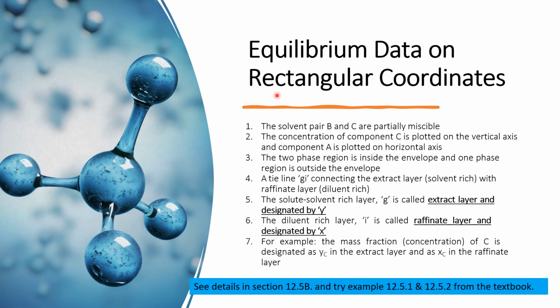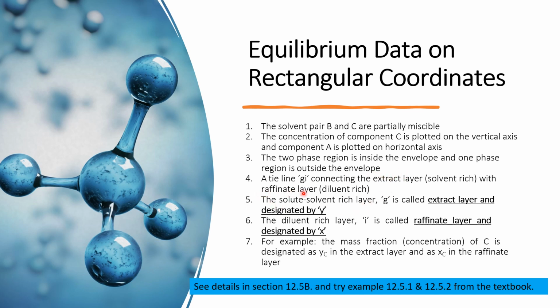So this is a summary on equilibrium data in rectangular coordinates. First, solvent pair B and C are partially miscible. The concentration of component C is plotted on the vertical axis and component A on the horizontal axis. The two-phase region is inside the envelope and the one-phase region is outside the envelope.